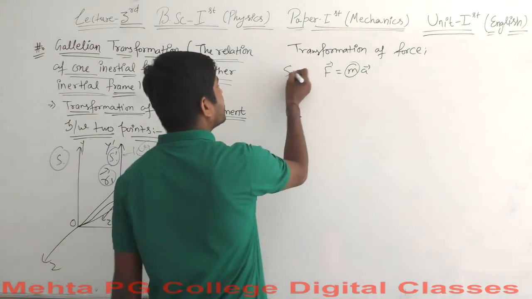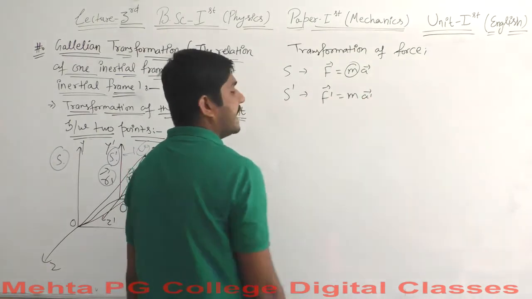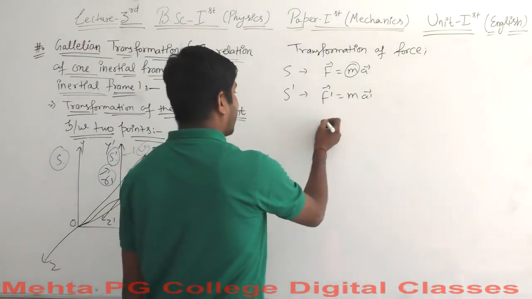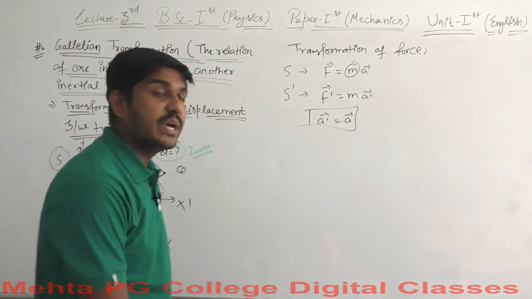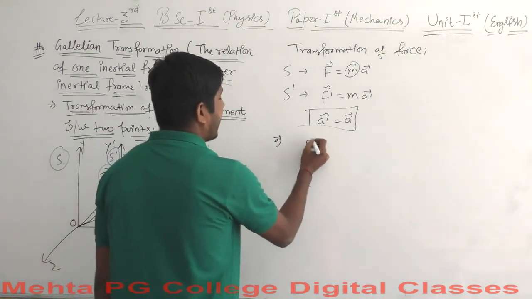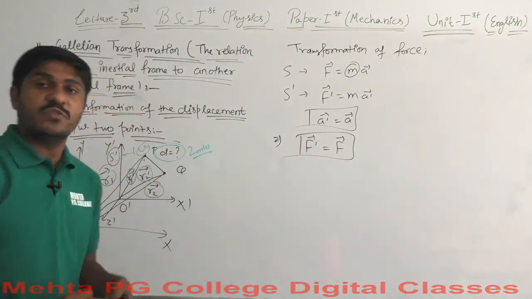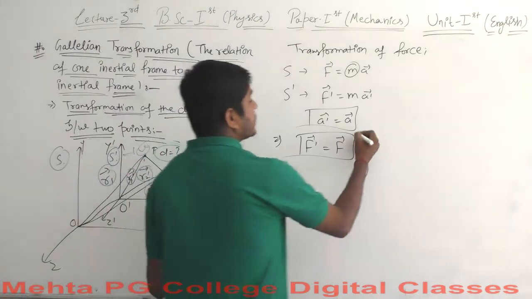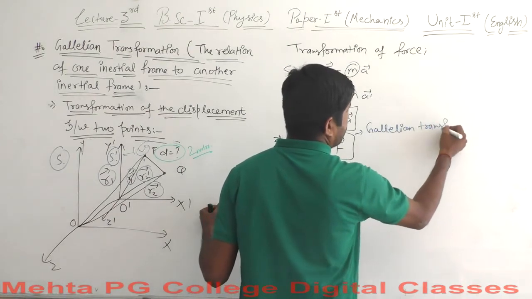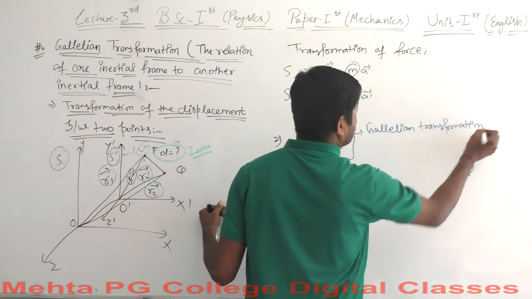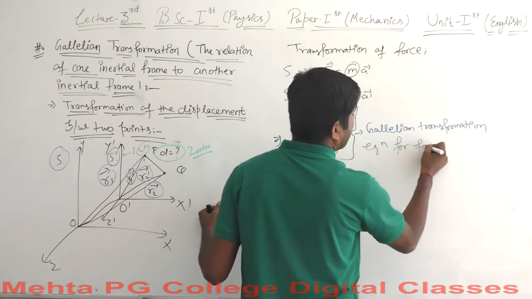So this is for frame S, and for the frame S dash, F dash is again equal to m A dash, and you know that A dash is equal to A from the transformation equations of acceleration, and this implies that F dash will also equal F. So this is the Galilean transformation equation for force.